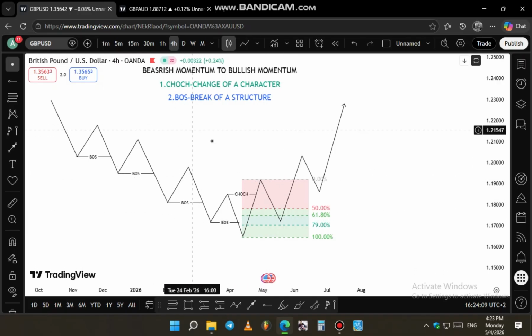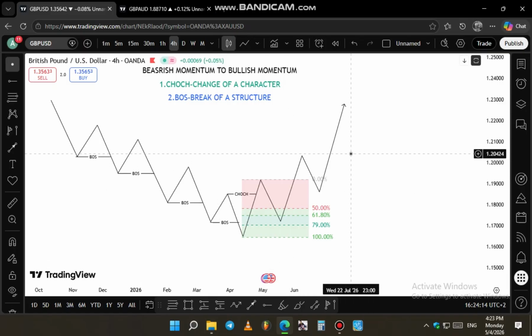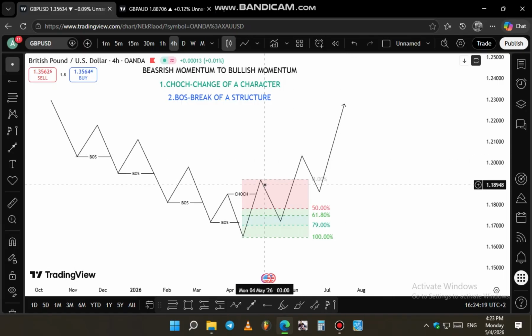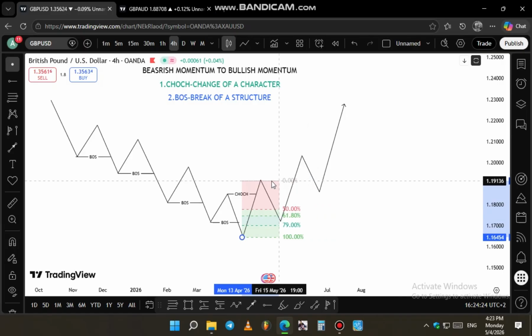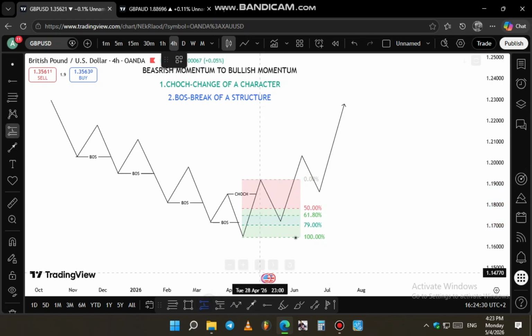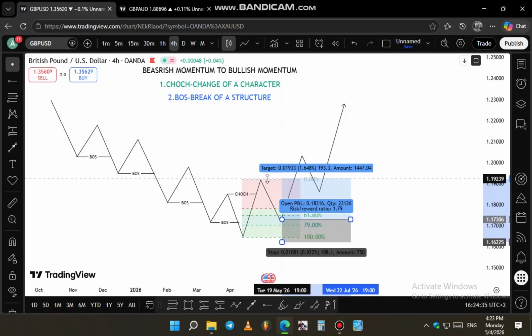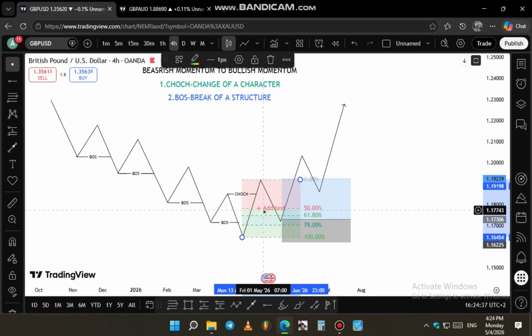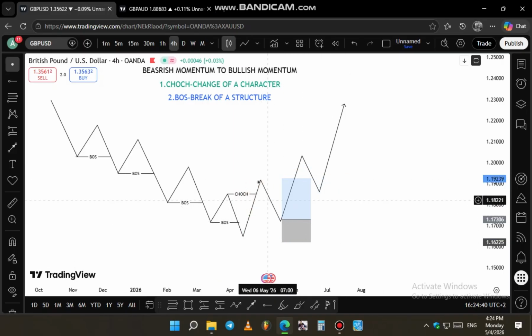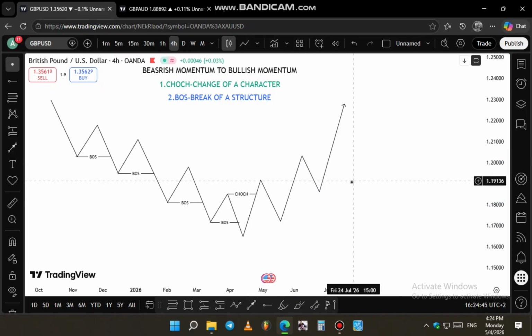We can target any high that is looking perfect, but I prefer the closest high, which is a much safer way. I put my longs here, my stop loss below here, and my take profit here. Let's remove this, and boom, I take my profit and go home. Okay, I hope you saw that.